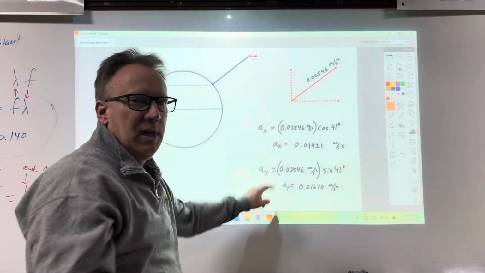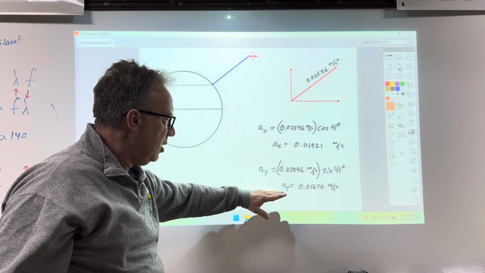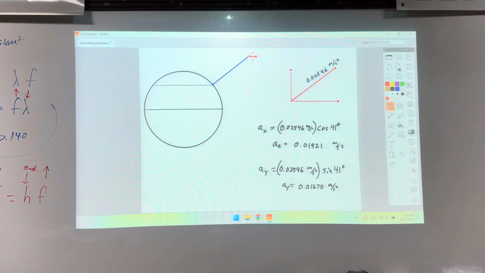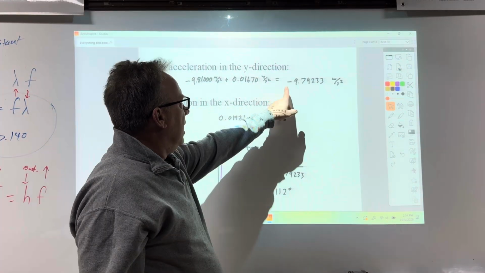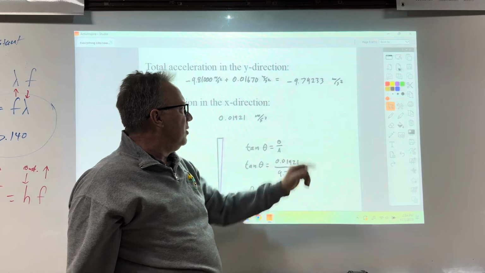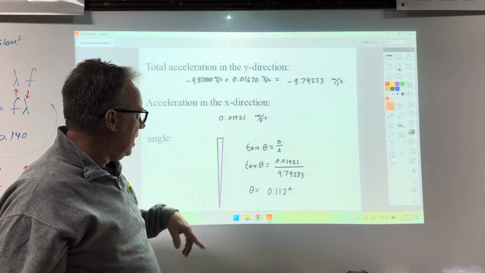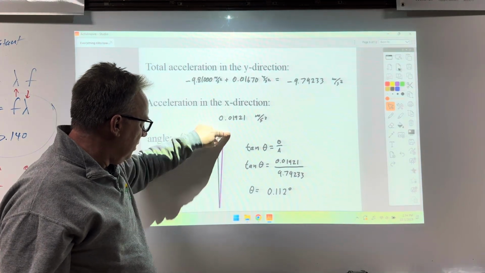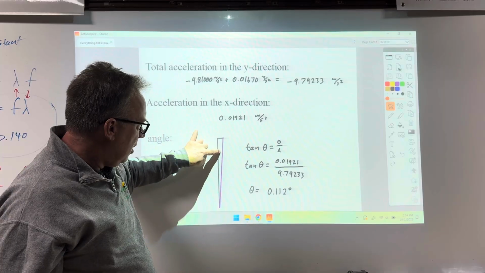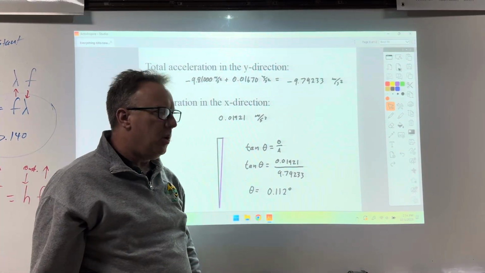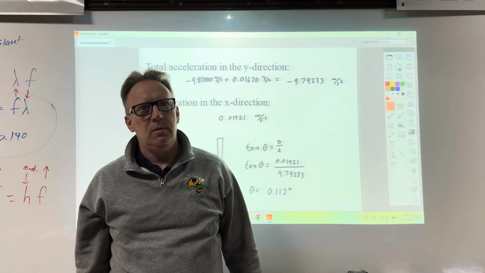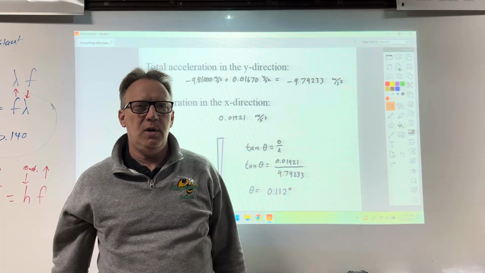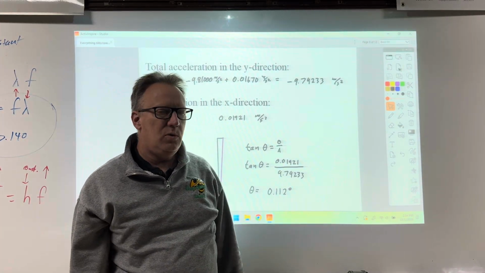And then that one would take it a different way. So these are our x components and y components of the acceleration of gravity. And then you get 9.79233 and 0.01921. Your new angle between those two is 0.112 degrees. So we tilt slightly towards the equator at 0.112 degrees.